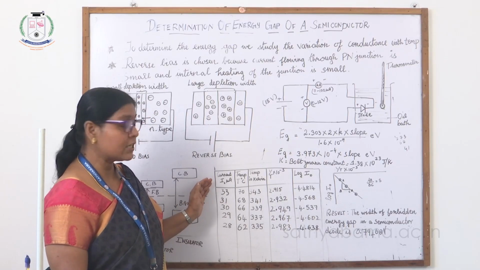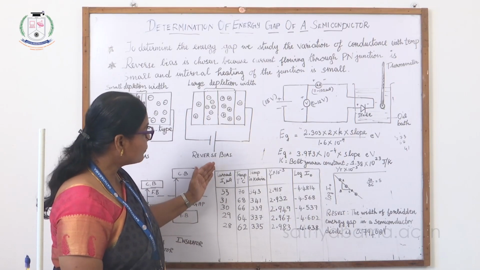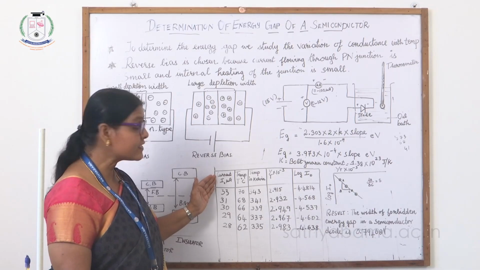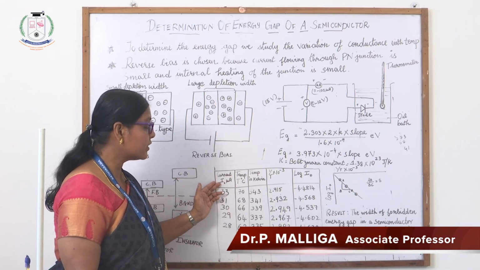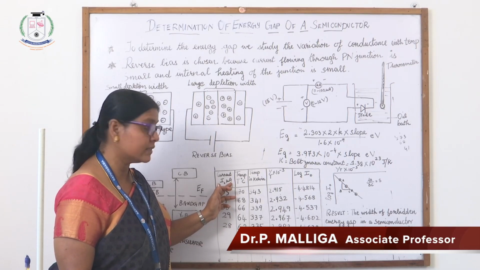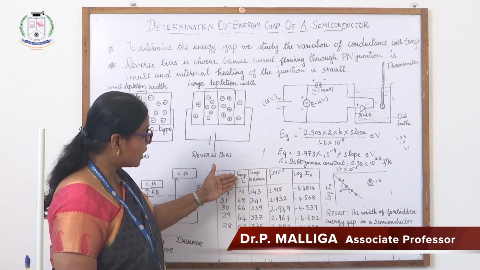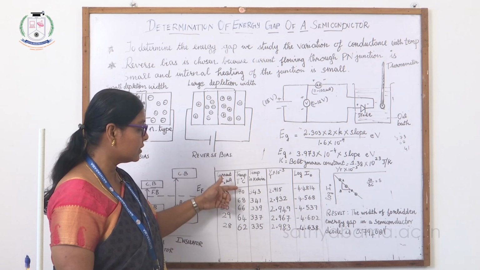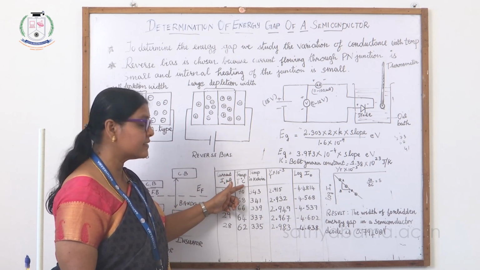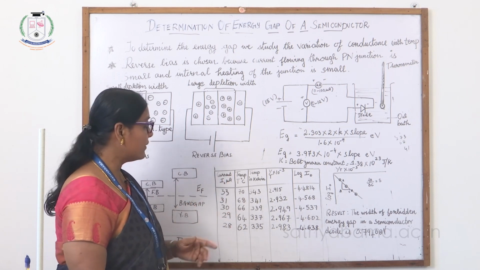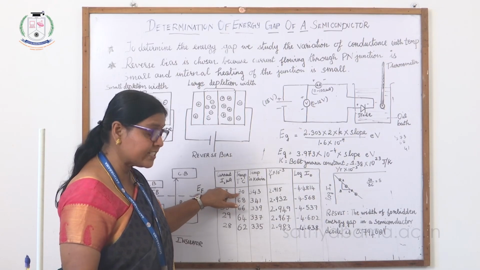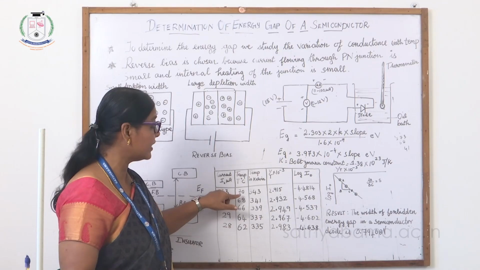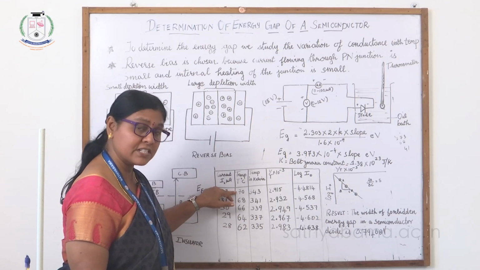The first column is the current, I0 in microamperes. The other column is temperature T in degrees Celsius. So I have noted for a temperature of 80 degrees, and I have written here for you 70 degrees.